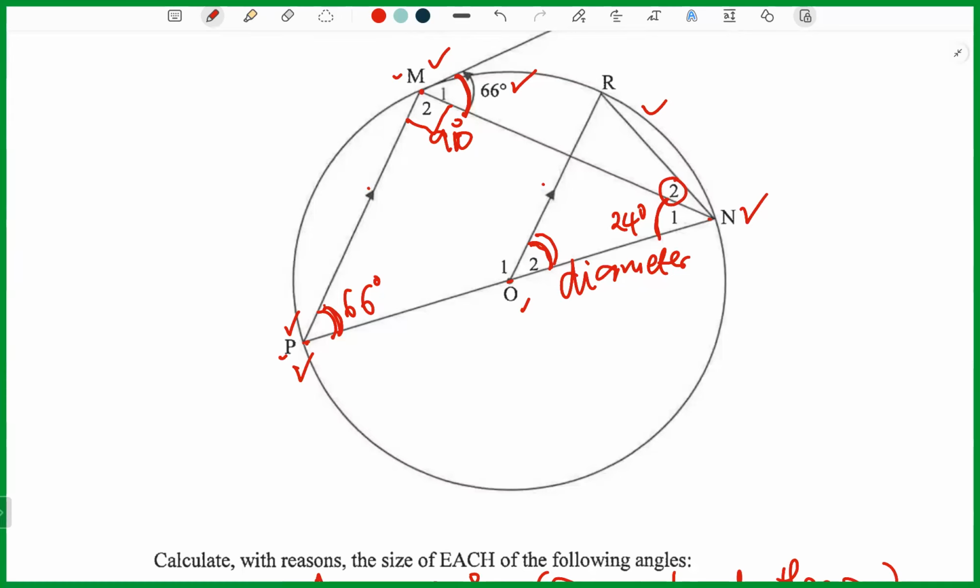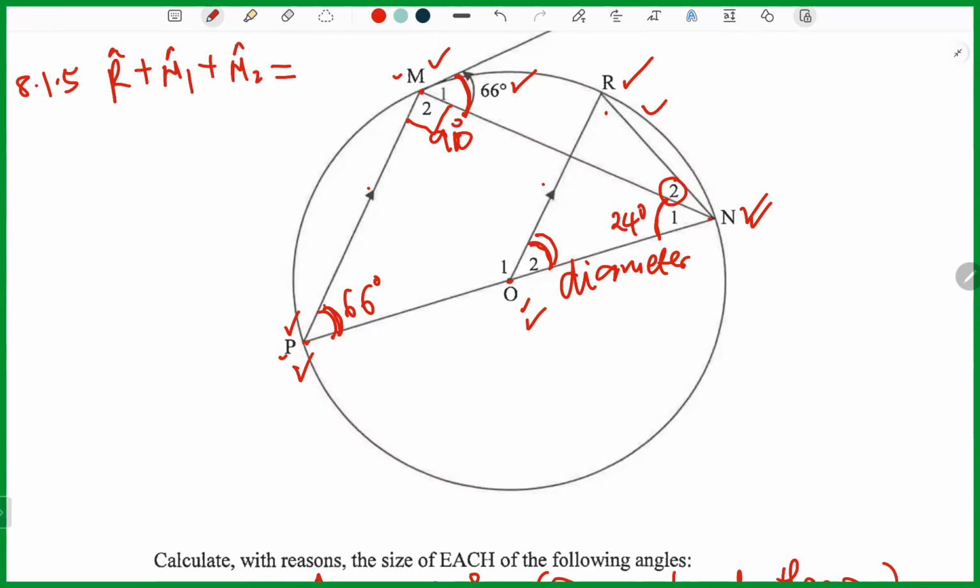We can actually work in triangle RNO. So to do question 8.1.5, we take angle R plus angle N1 plus angle N2, and it is angle R plus N1 and N2.